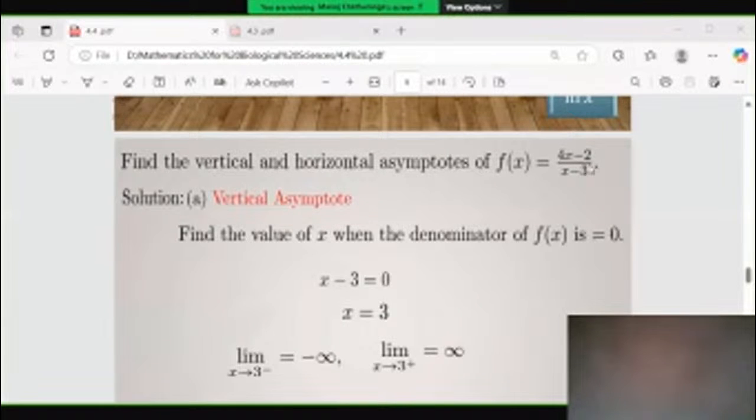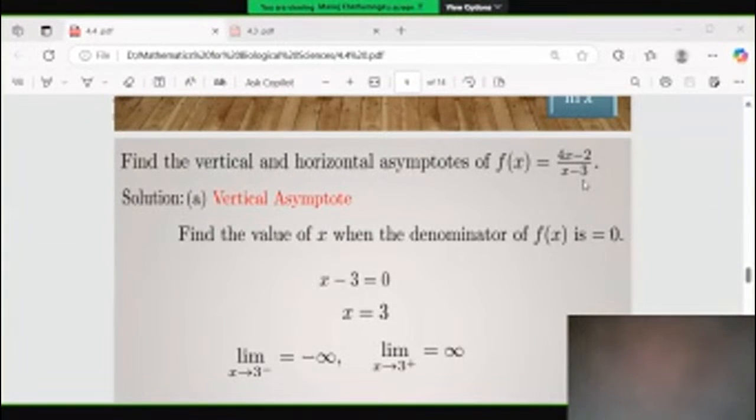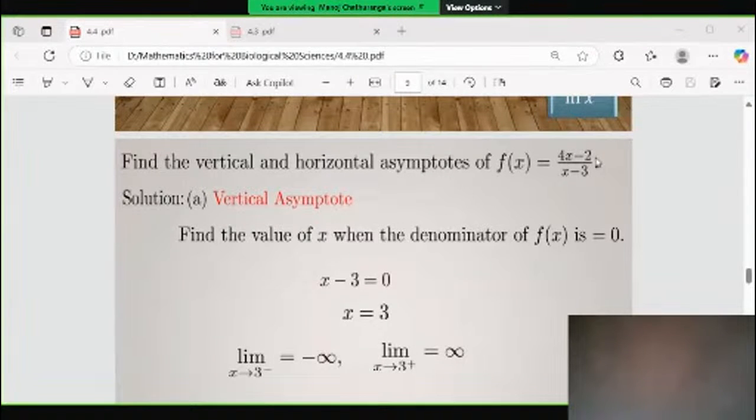That happens for zeros of the denominator. So for vertical asymptotes, we always look at zeros of the denominator, because for any other finite x value, the function gives us finite y values.